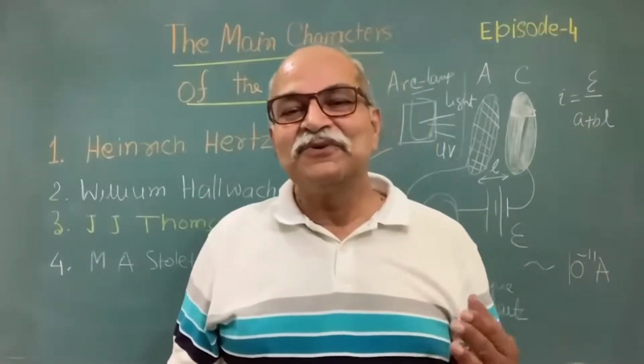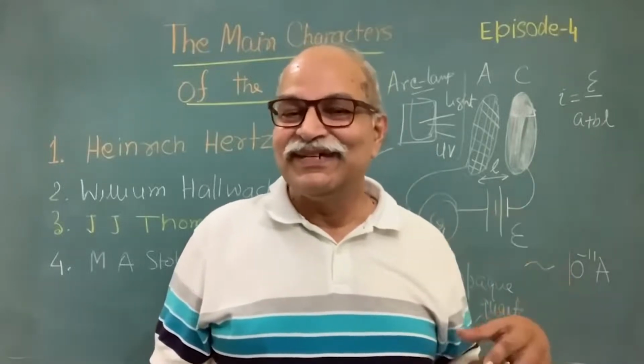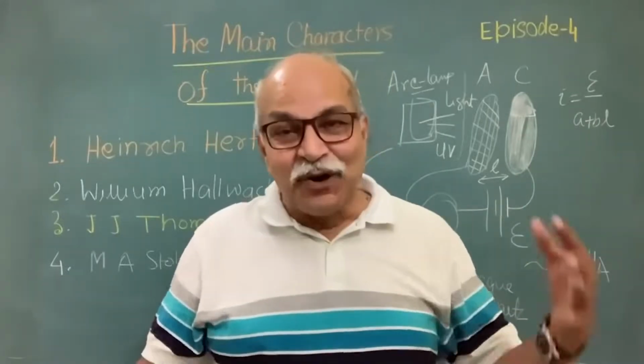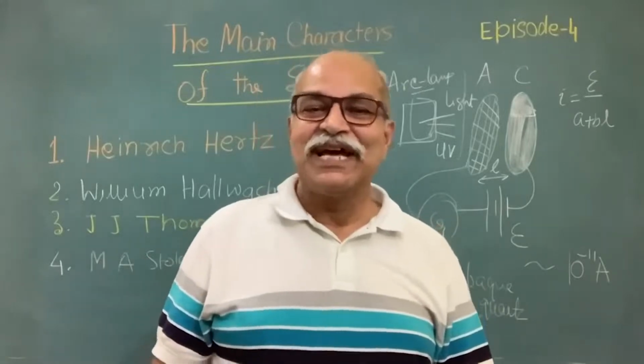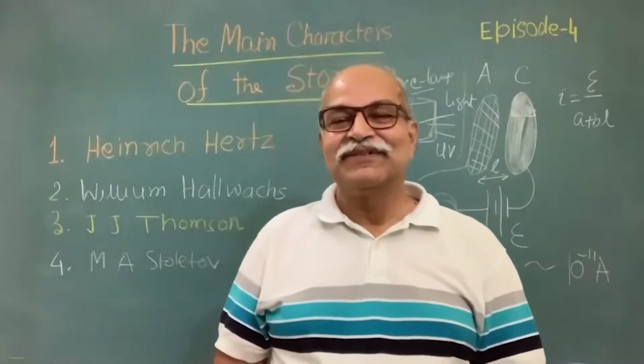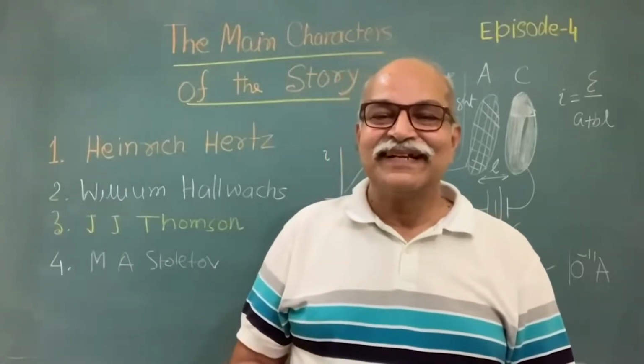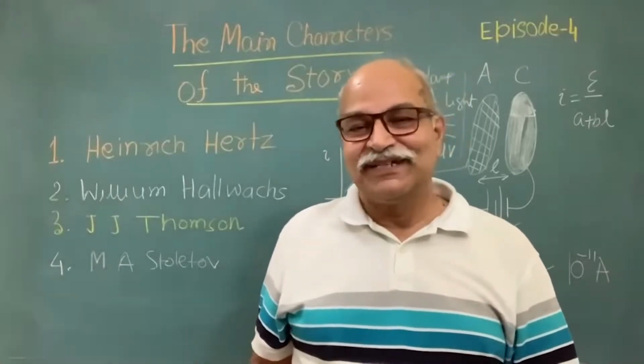There are 3 or 4 or maybe more papers in the same year or a year later on the photoelectric effect, where he must have measured other things, but at least I could not find them in English. They are in French and so on.